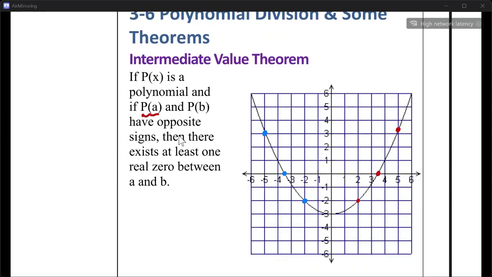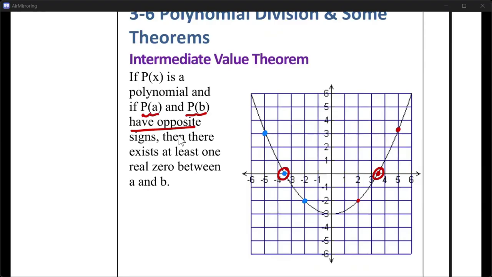So, in general, we say if P of A and P of B have opposite signs, then there is a zero in between. Now, what is a zero? Where the polynomial takes value zero, that is the x-intercept, right? There is an x-intercept in between those 2 points.